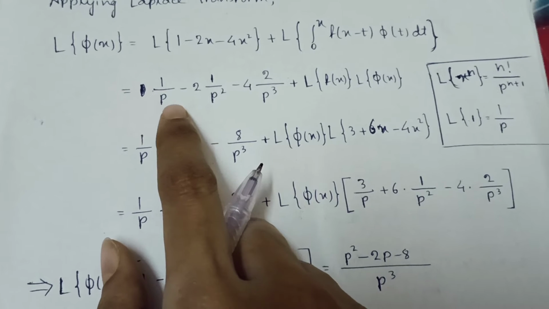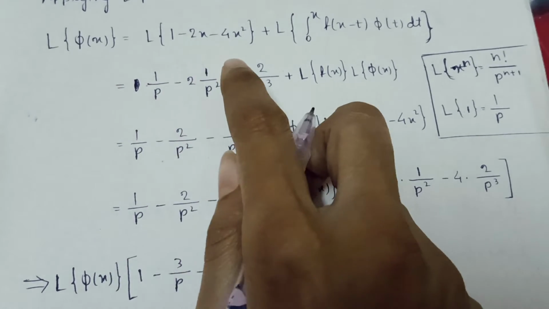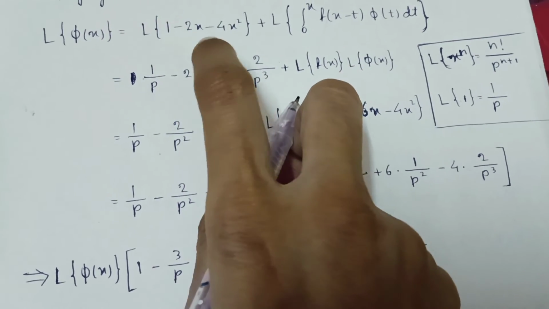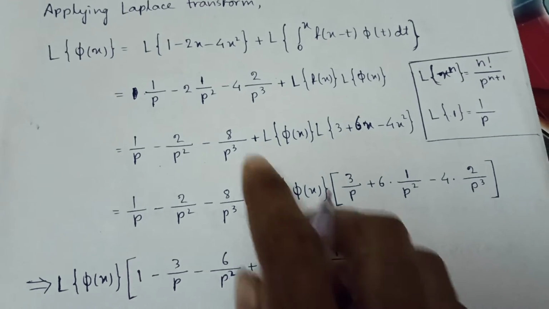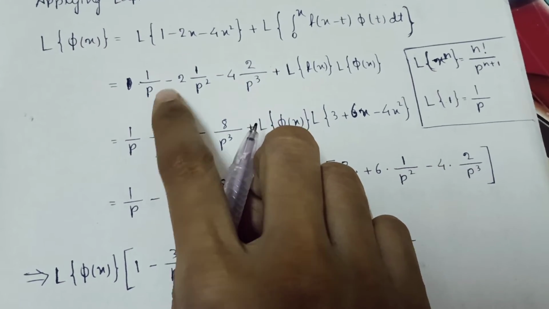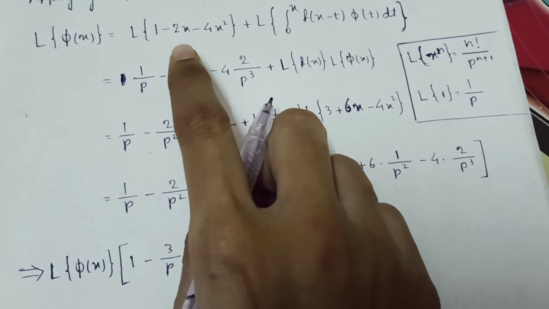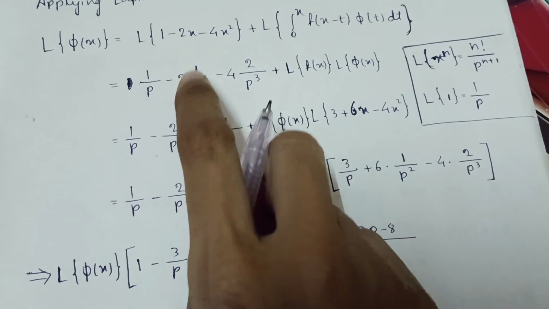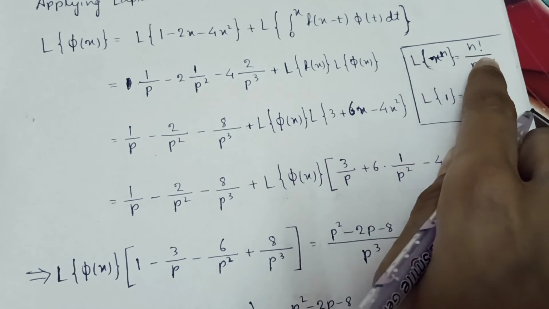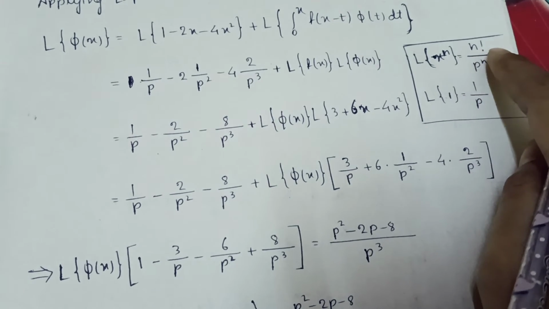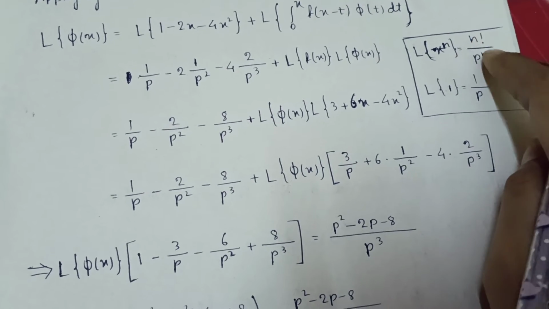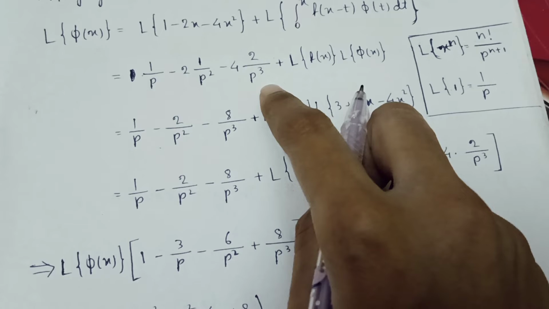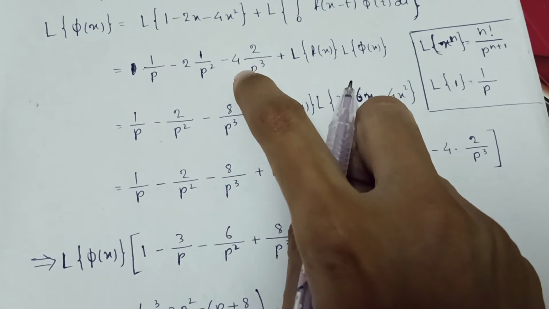So it becomes 1 by p minus 2 times 1 by p squared, putting n equal to 1 for L of x. Similarly, it becomes 2 over p cubed for x squared, and the minus 4 stays as it is.